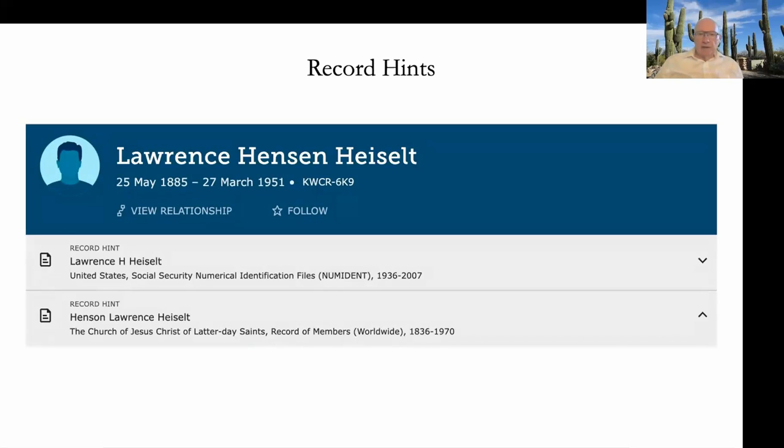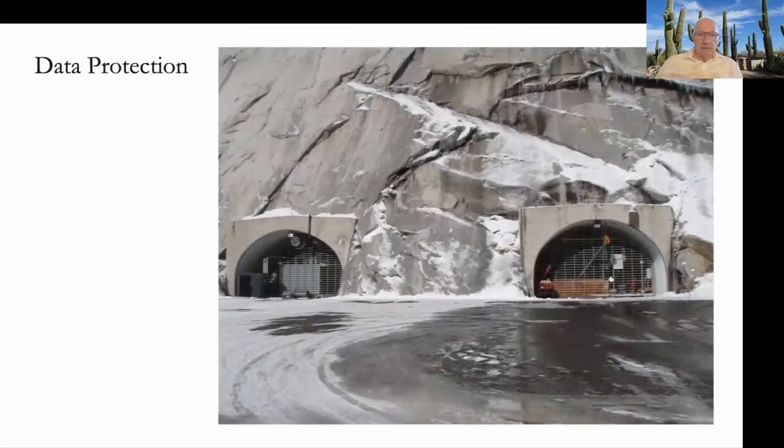And so record hints are a fact of life, and using the record hints on the big websites like MyHeritage and Find My Past and Ancestry and Family Search and others is a benefit of having those and keeping your information on those programs.